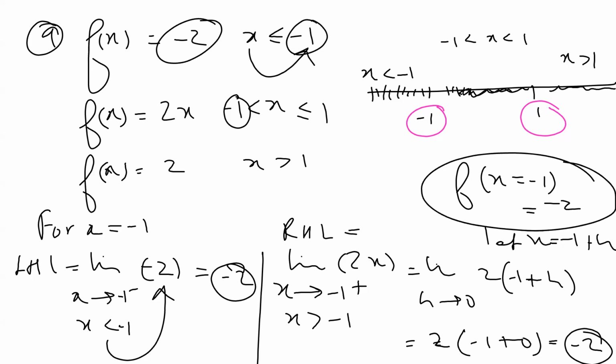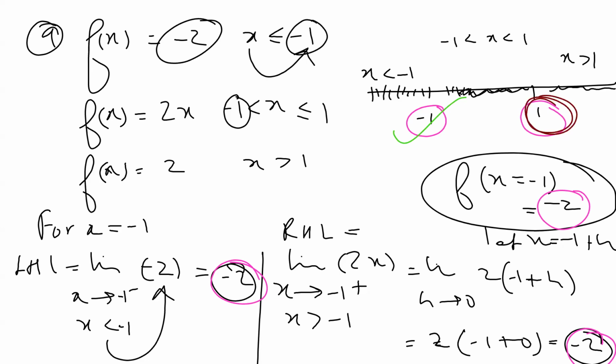So here all three things are the same. LHL equal to RHL equal to f of -1. Therefore, the function is continuous at x equal to -1.